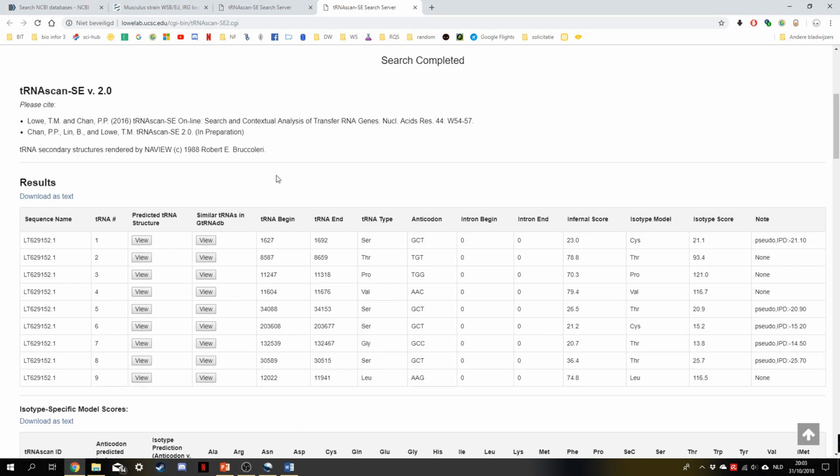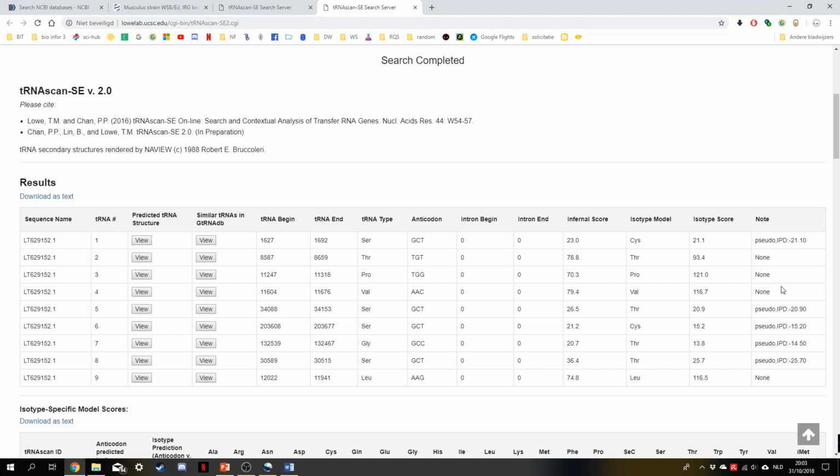9 hits are visible. If we look at the most right column, we can immediately see if we have good hits, really bad hits, or hits that indicate something else. We can see nodes that say none and then nodes that say pseudo. The pseudo nodes basically indicate that these are pseudo tRNA sequences.